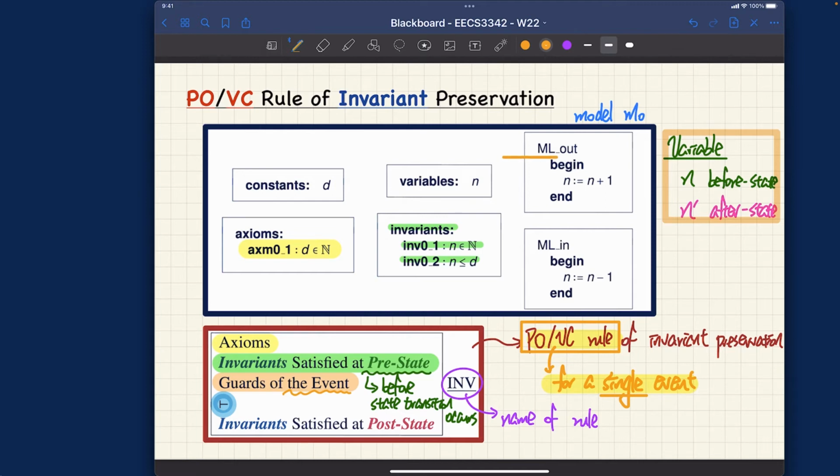The guard over here, and also the guard over here, is simply just true. And let me mention one theorem that I'm pretty sure you learned about before. The guards of the events, in this case, would just be true, meaning that each of the events is always enabled.